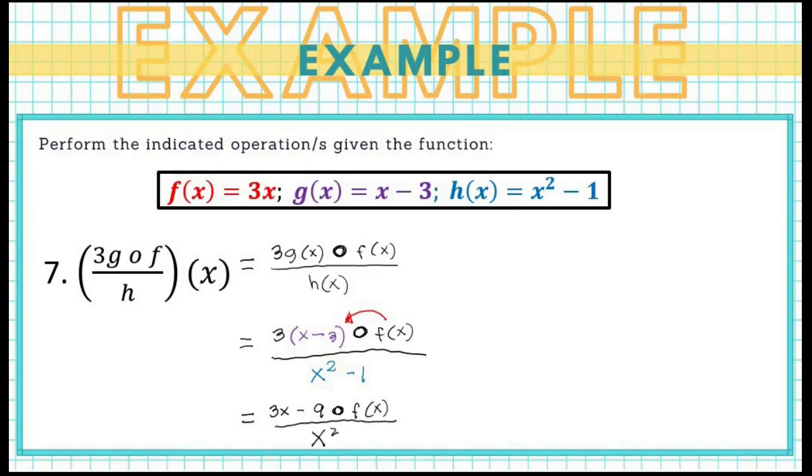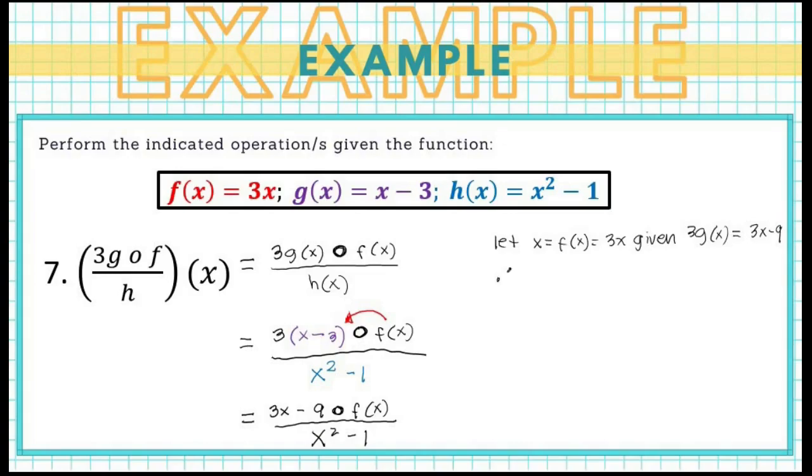We just simply copy the denominator x squared minus 1. Let's now perform the operation on the numerator. We now let x in the numerator be equal to the value of f of x, which is 3x. And we are going to substitute it in the given 3g of x, which is 3x minus 9.